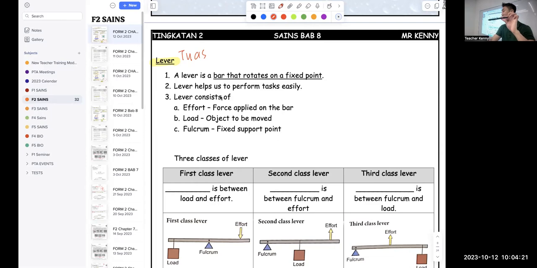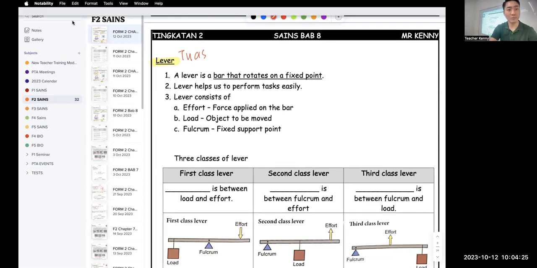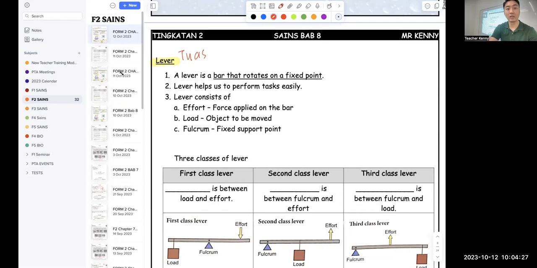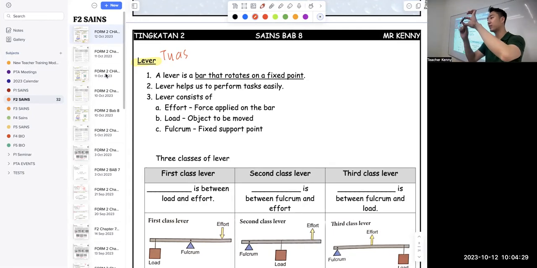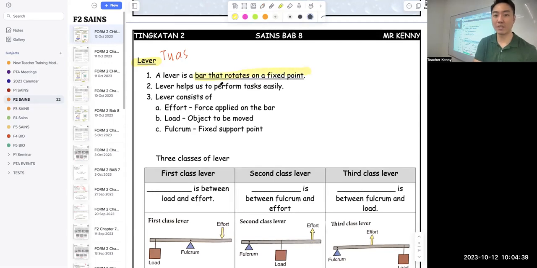We call this whole thing a lever. The fixed point is here, and the bar rotates around this fixed point. So that's the definition of a lever. Its purpose is to help you perform your task easily.